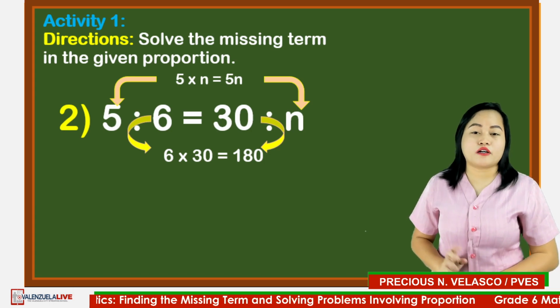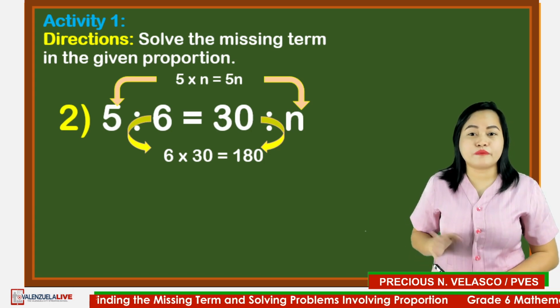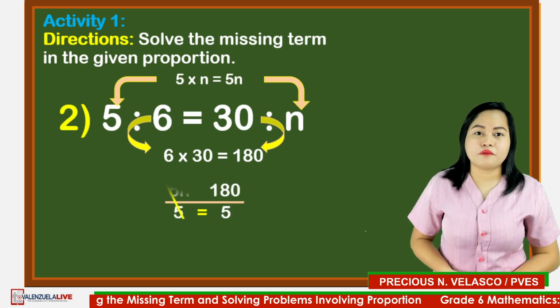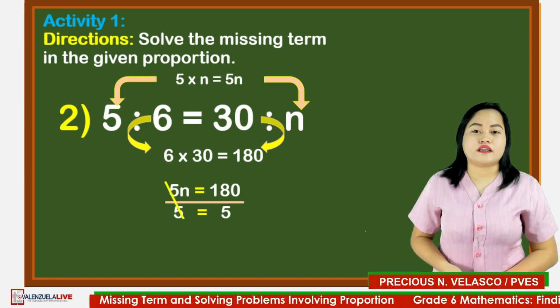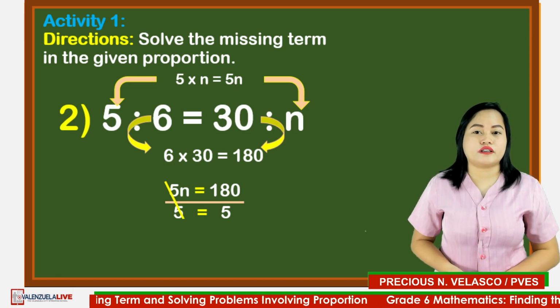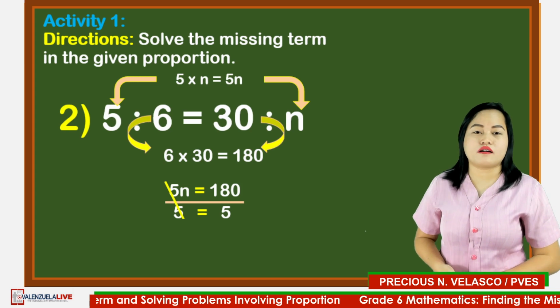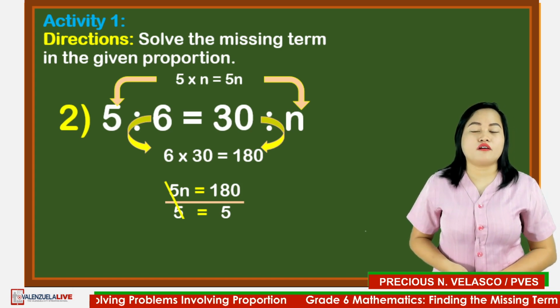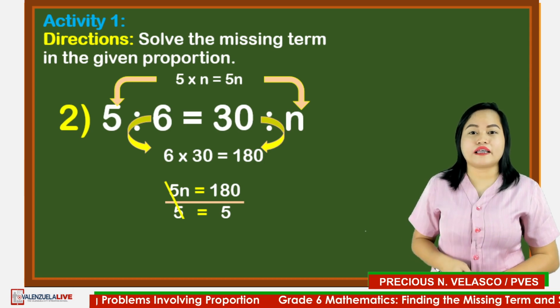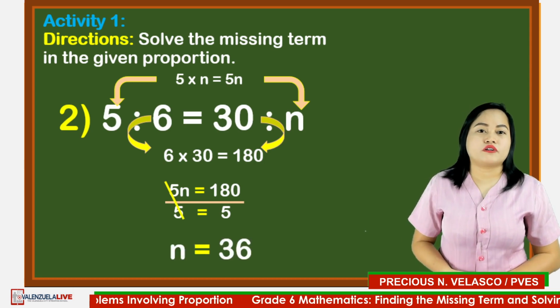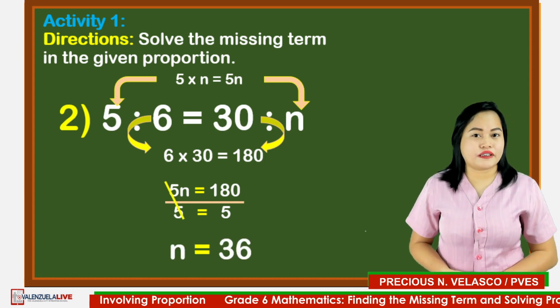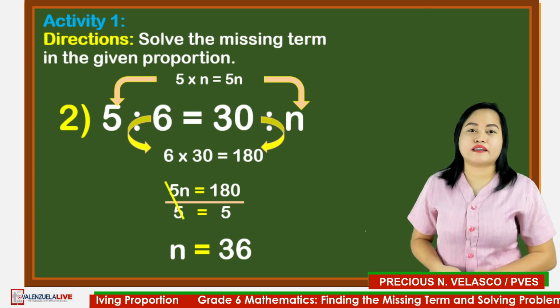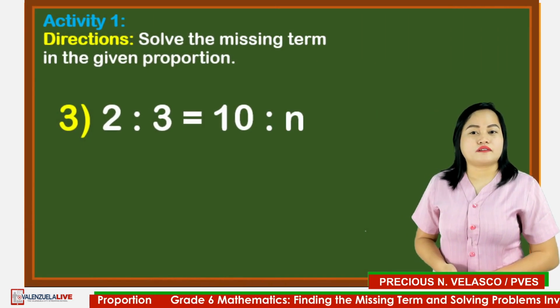Like on the previous problems, we are going to eliminate the value near the n, so we are going to divide both sides by 5. So 5n over 5 is equivalent to 180 over 5. So it will give us a value of 36. Very good again.